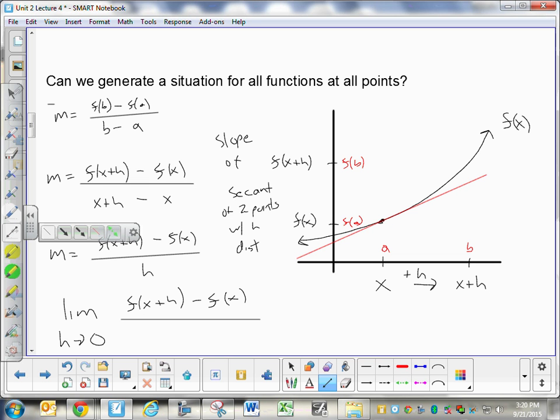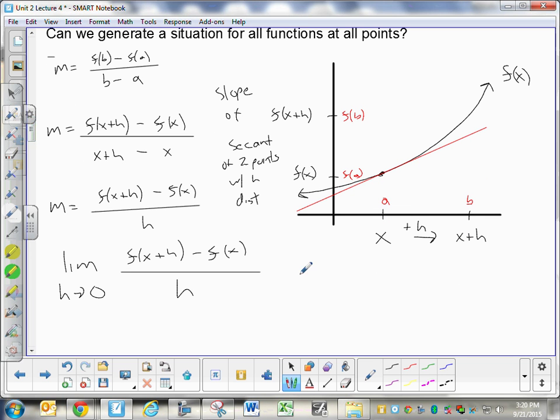Here is a mystical, magical formula for a tangent line. It's a tangent slope. It's not a tangent line. It's a tangent slope because it's still from the slope formula.